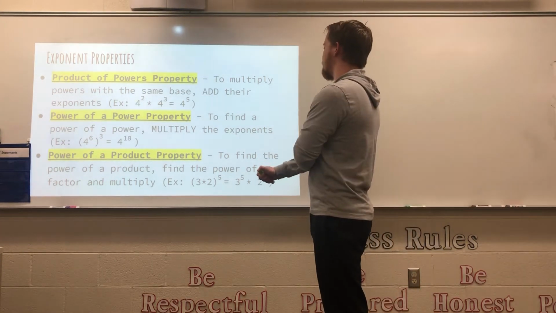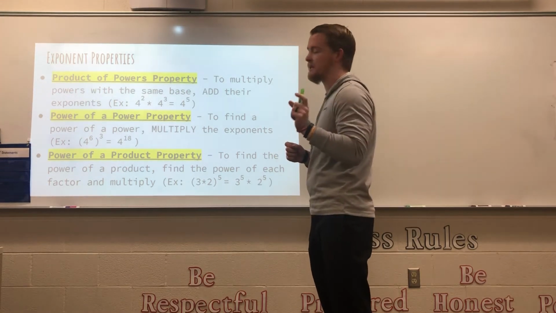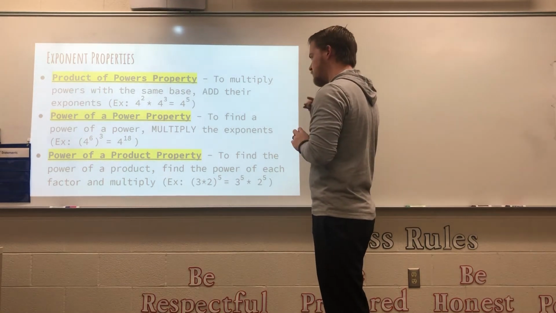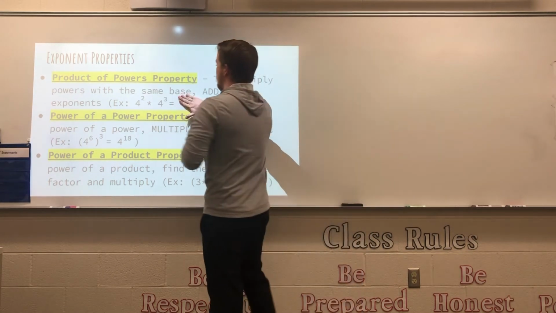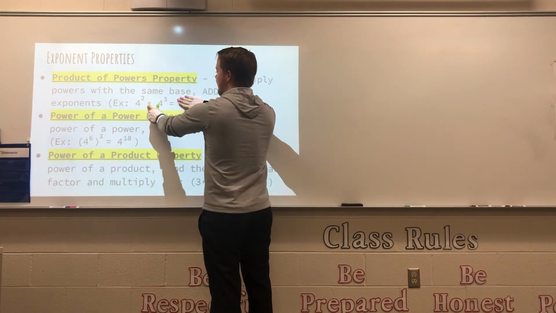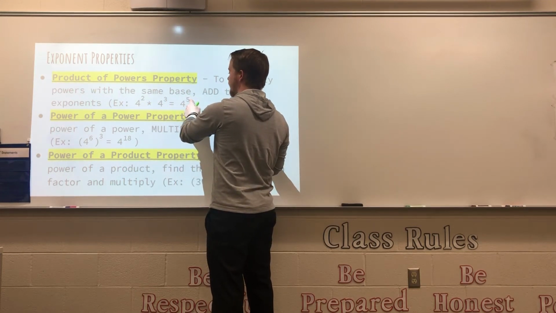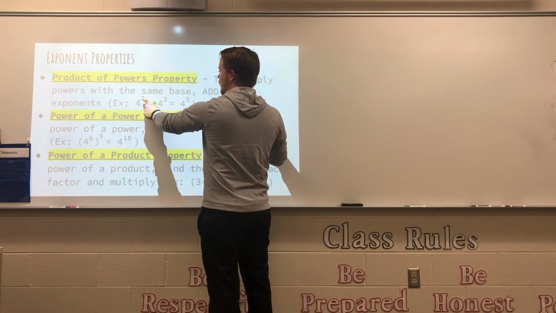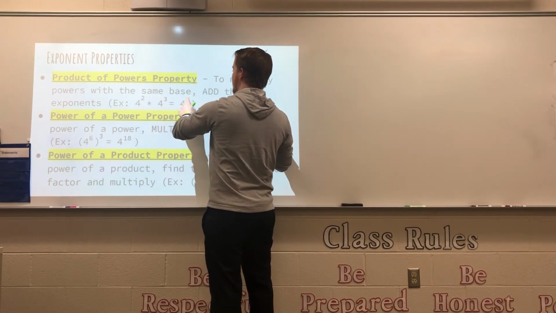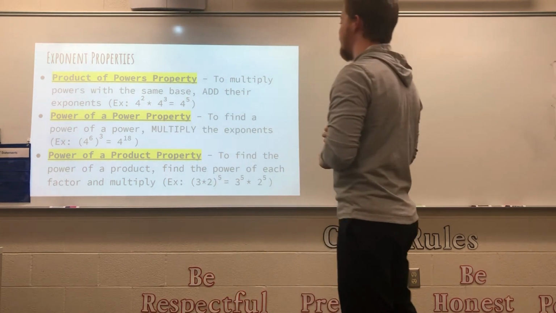Product of powers property is to multiply powers with the same base, so you're looking at the same base, you add their exponents. For example, if you have 4 to the 2nd times 4 to the 3rd, your answer would be 4 to the 5th. Because if these have the same base, they both have a base of 4, you do 2 plus 3, and that gives you 5. So 4 to the 5th is the answer for that one.